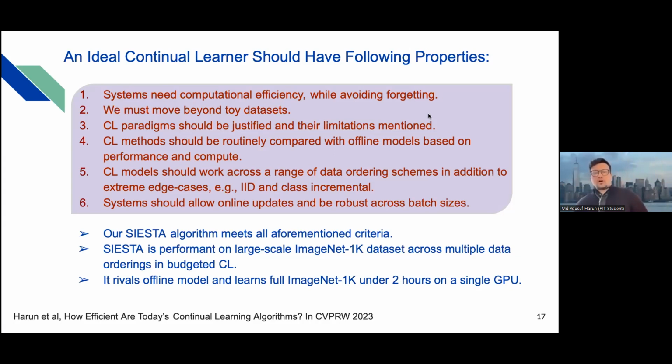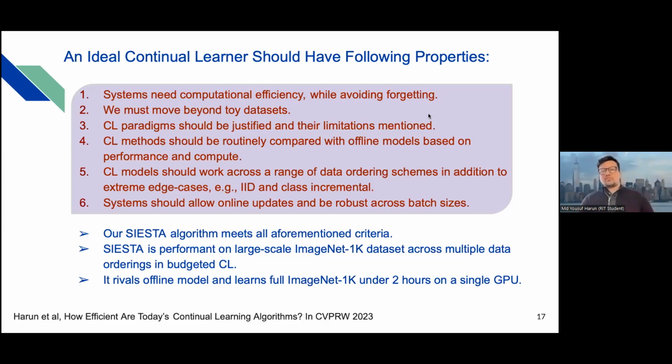It should also be robust across batch sizes, because all the other methods work effectively only when there's a large amount of data. But in real world situations, we often need to adapt to a very small amount of data, even a single input.